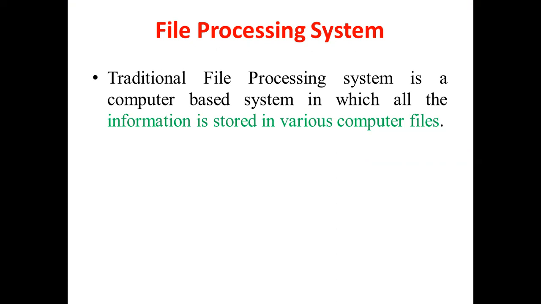A traditional file processing system is a computer-based system in which all the information is stored in various computer files. We maintain different file names, and within those we store that particular data. It stores data in a systematic way.